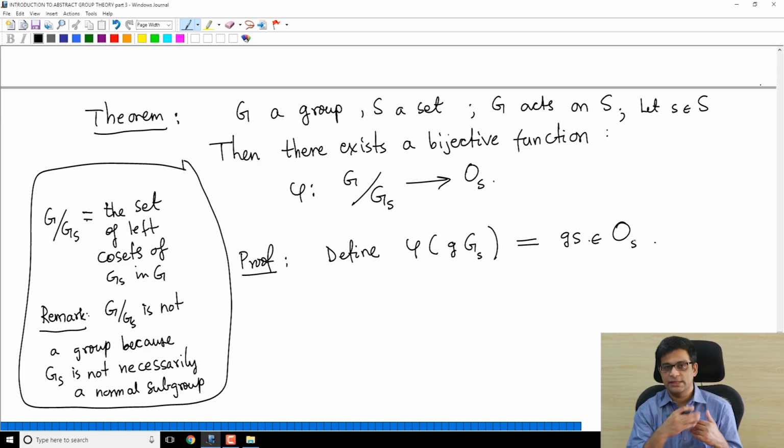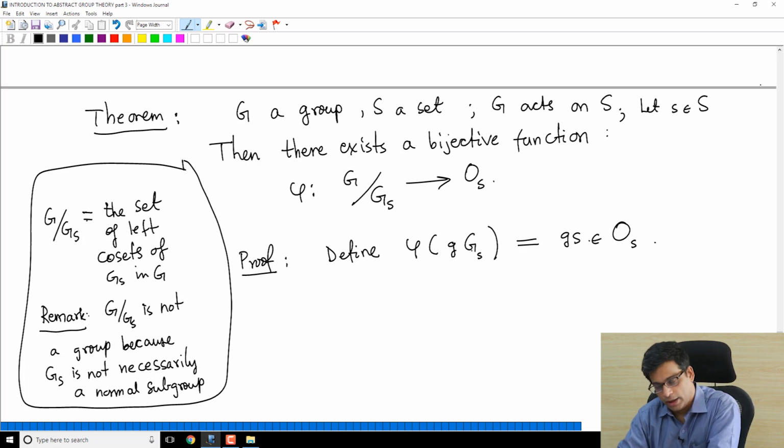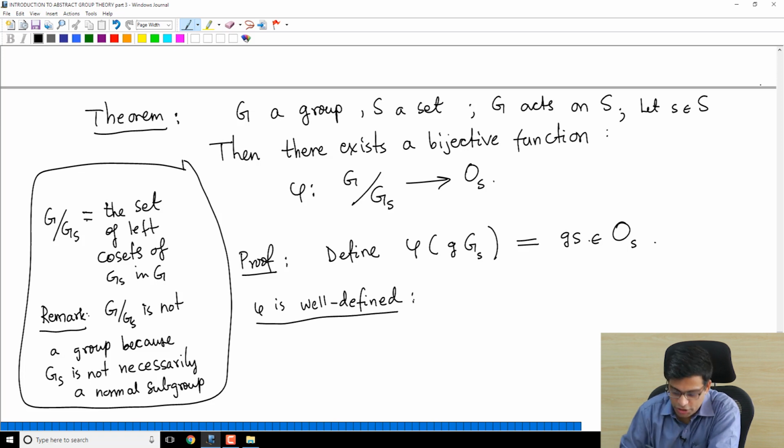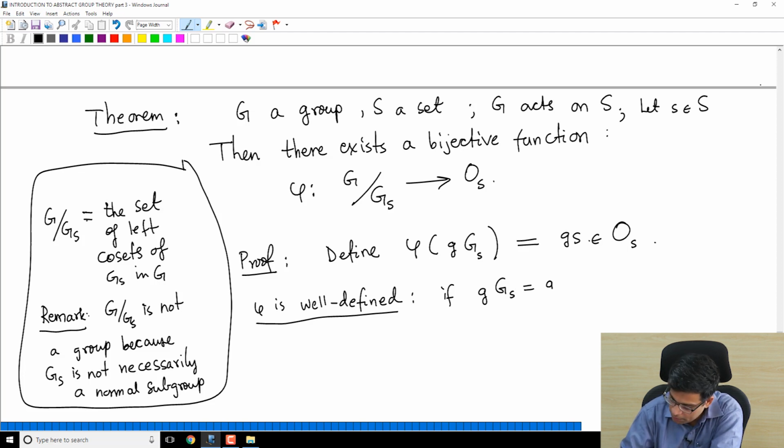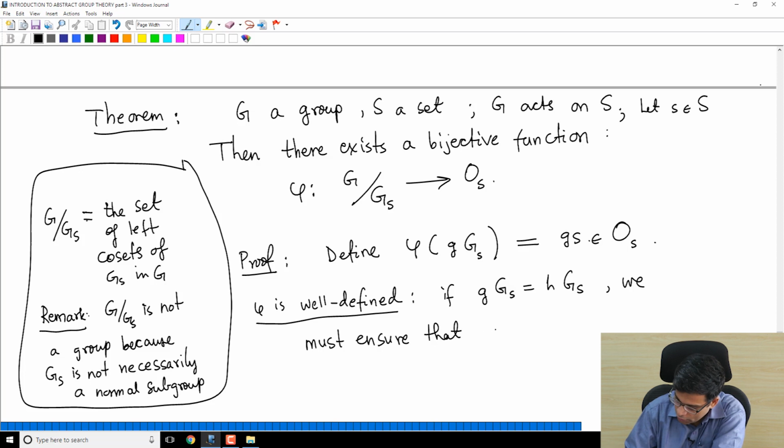So we have to check first of all that this is a well defined map, because a left coset can have several representations with a different g here. So phi first we must check is well defined. Why is that? Suppose g G_s is equal to h G_s. We must ensure phi of g equals phi of h.